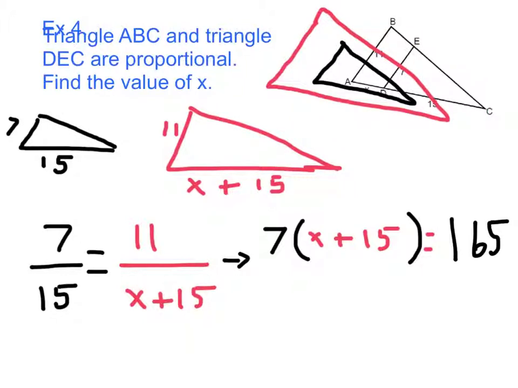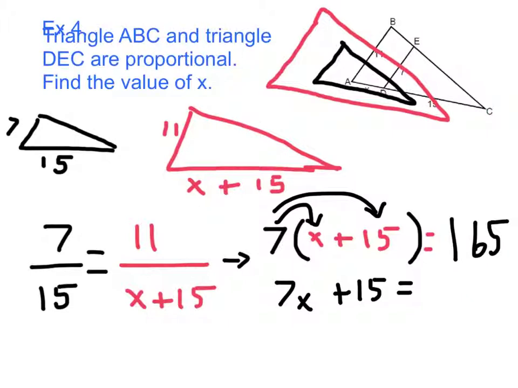And then we distribute 7 times x, 7 times 15, so 7x plus 15 equals, oh, just kidding, not plus 15. What did I do wrong? Seven times 15. So 7 times 10 is 70. 7 times 5 is 35, so 105. So 7x plus 105, subtract 105 from both sides.